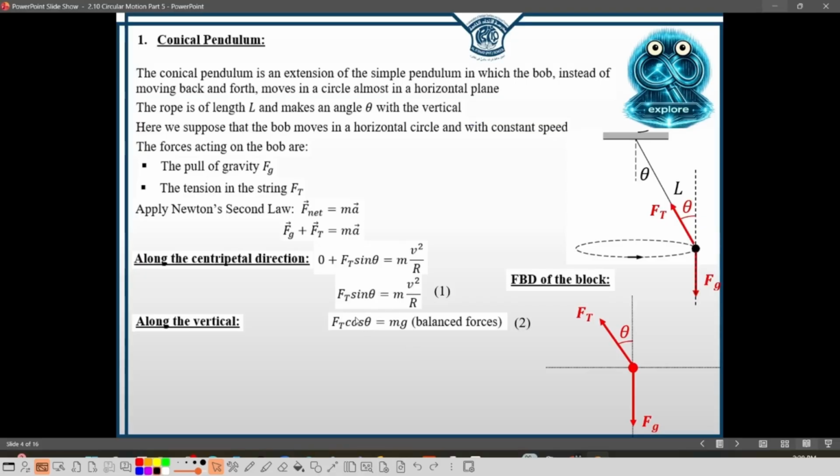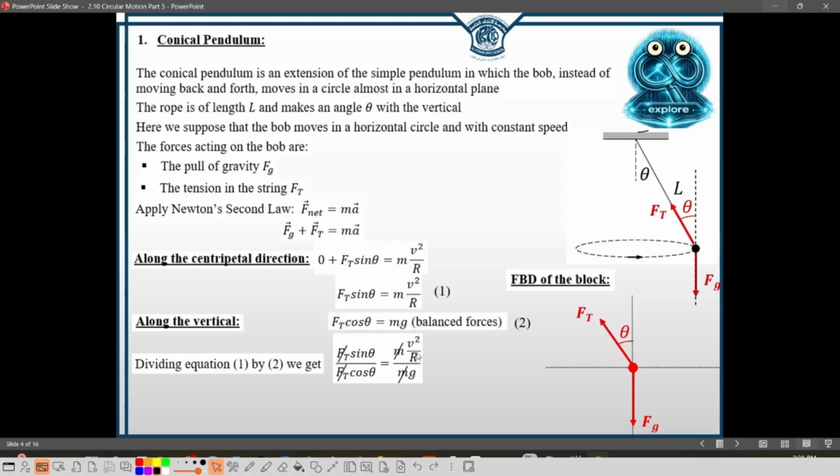We can solve them simultaneously, which means we can substitute one into the other, or we can simply divide 1 by 2. If we divide the two equations, we get Ft sine theta over Ft cosine theta, which equals m v squared over r over mg. We can cancel Ft with Ft and m with m, and we end up with sine over cosine. We know that sine over cosine is just tangent, and this equals v squared over r over g.